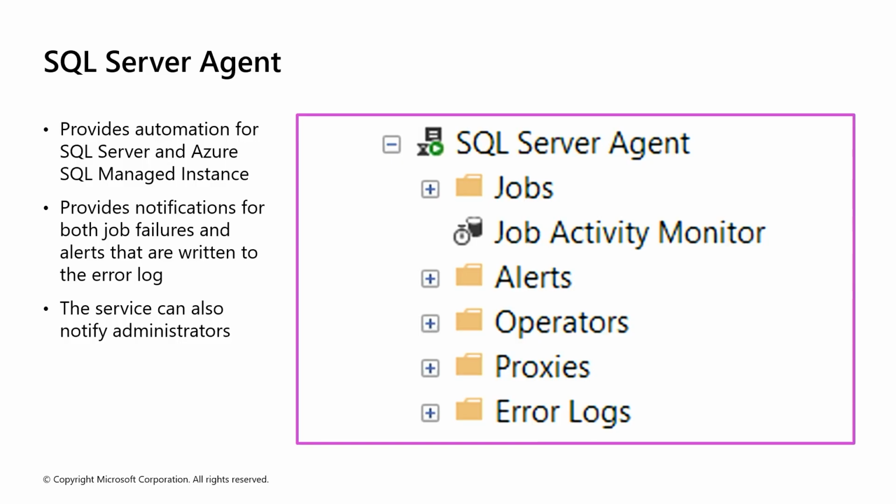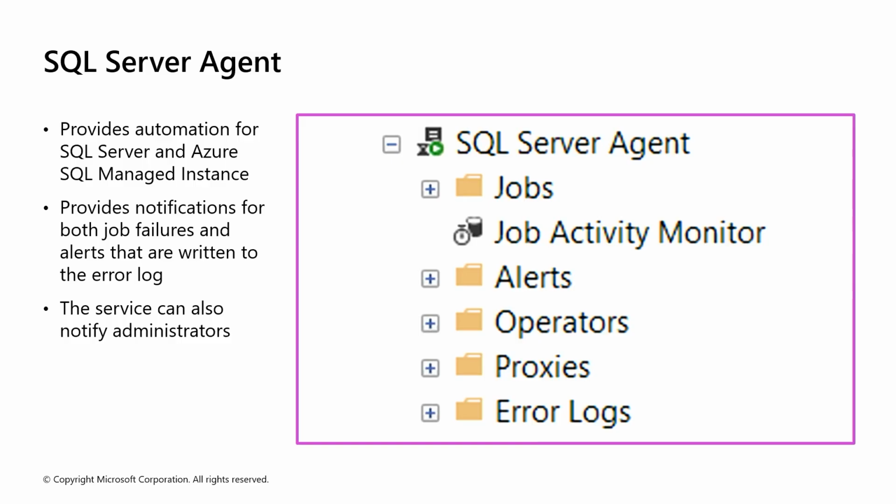Alerts are automated notifications triggered by specific system events or thresholds, enabling proactive issue resolution. For example, alerting when the disk space is low could be helpful. Operators are designated recipients of these alerts, ensuring the right people are informed of critical events.